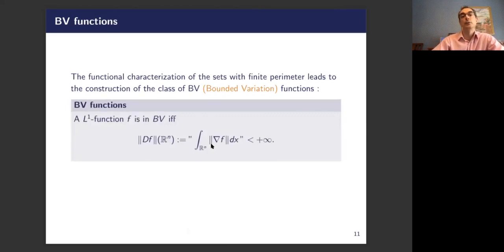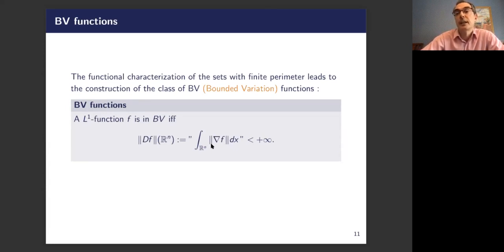The functional characterization given by Caccioppoli defines almost in a straightforward way a notion of BV function. And the intuition is the following. In the weak sense given by Caccioppoli's definition, a function is going to be of bounded variation in R^n if the integral of the norm of its gradient, again in a weak sense, is finite, because typically we don't assume that the BV functions we consider are smooth.